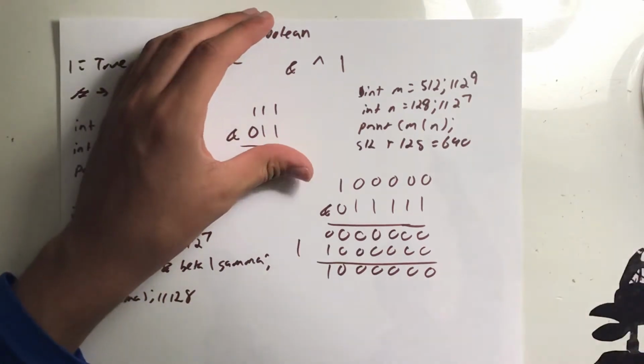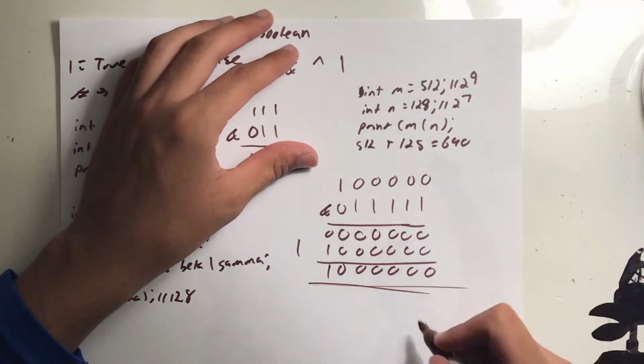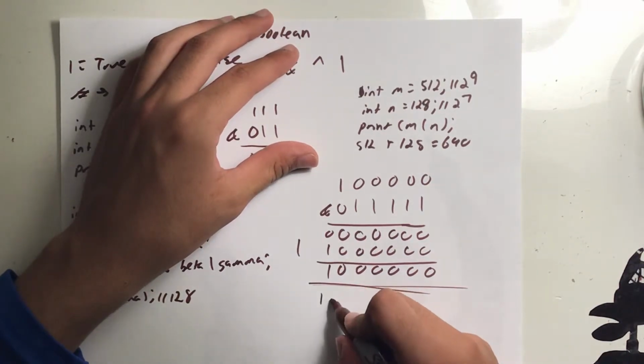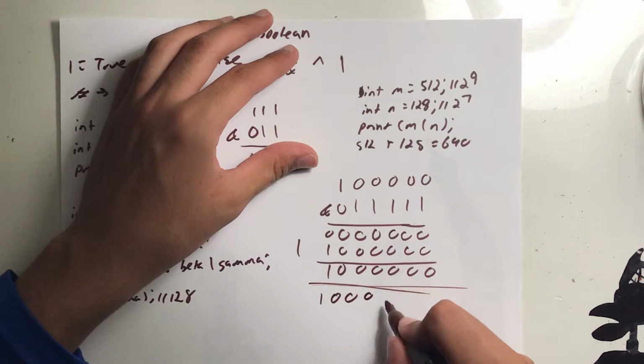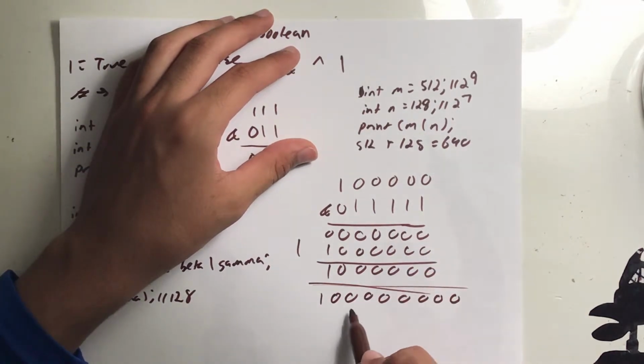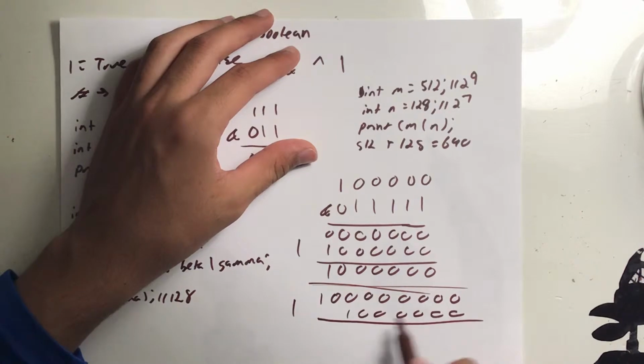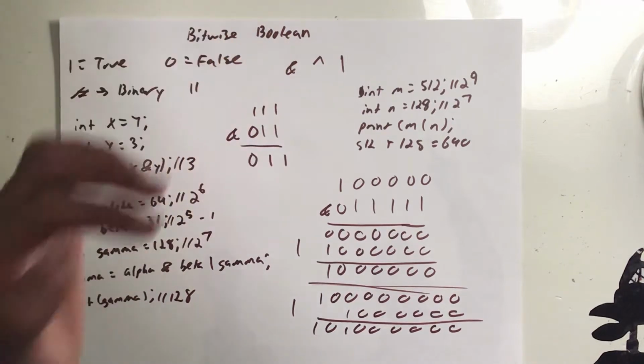Well, again, let me explain. 2 to the 9th power is 1 followed by 8 zeros. 1, 2, 3, 4, 5, 6, 7, 8. 2 to the 7th is 1 followed by 6 zeros. We're ORing them, right? So you see a true, the whole thing's going to be true. So true here, and the rest are false. So this is 512, this is 128, and we add them to get a number in base 10.